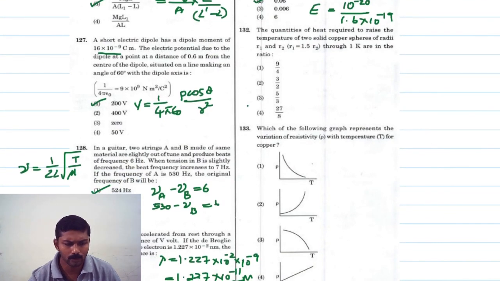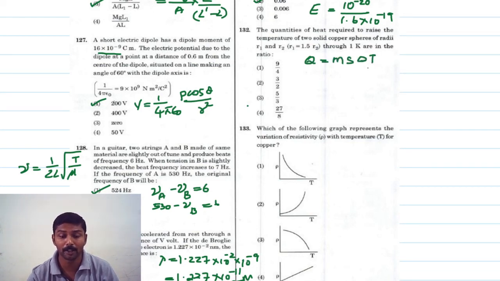Okay, the next one, 132: the quantity of heat required to raise the temperature of two solid spheres of radii R1 and R2 through 1 Kelvin are in the ratio. What is the equation for that? The heat energy required is Q = m s delta T, mass multiplied by specific heat multiplied by the rise in temperature, which is 1 Kelvin.